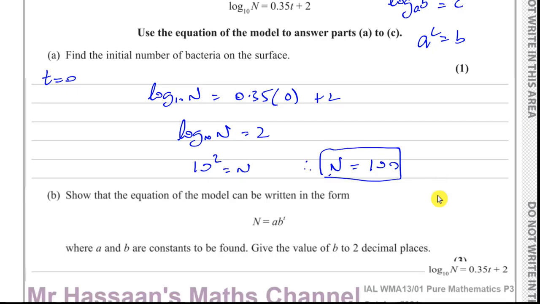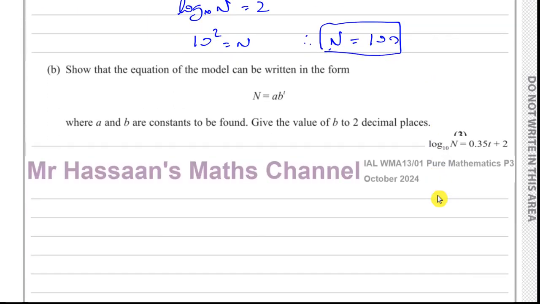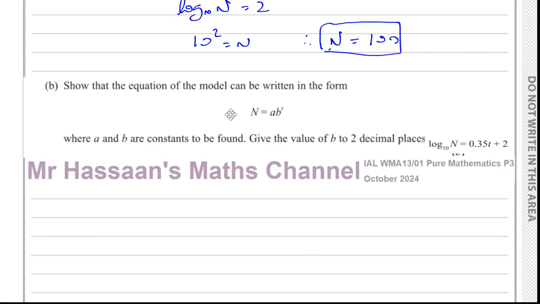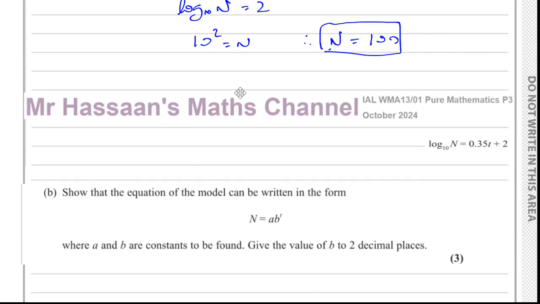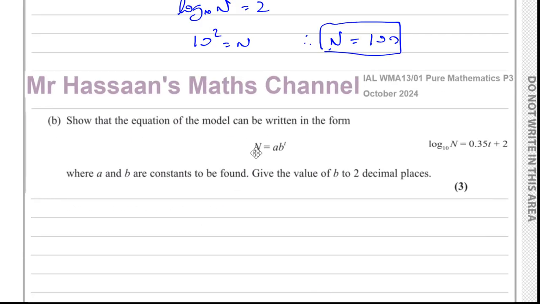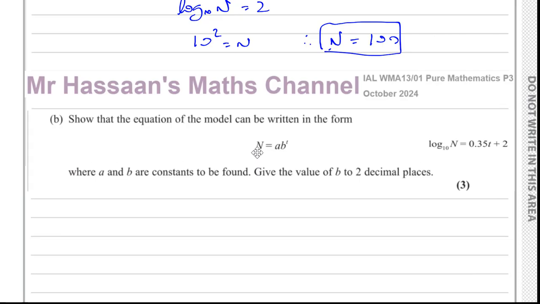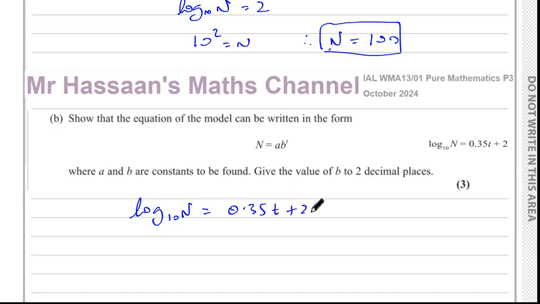Then part B says, show that the equation of the model can be written in this form. So we have log to the base 10 of n is equal to 0.35t plus 2. We've got to show that this can be written in this form.